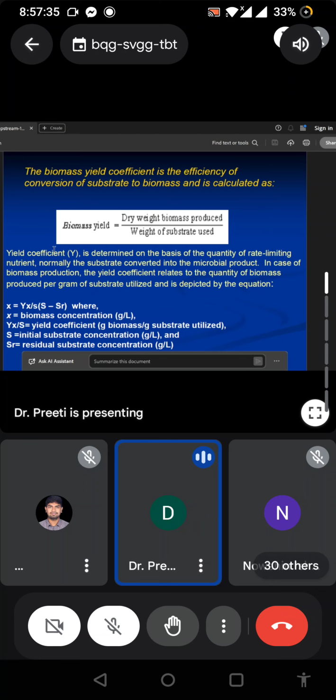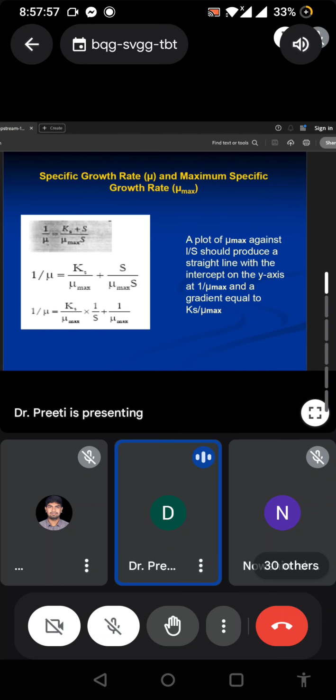Together with this, another coefficient is used, that is the yield coefficient. The yield coefficient relates to how much quantity of biomass is produced per gram of substrate used. Its equation is also given here, remember this. It's kind of a definition, and then you take the reciprocal of both sides.